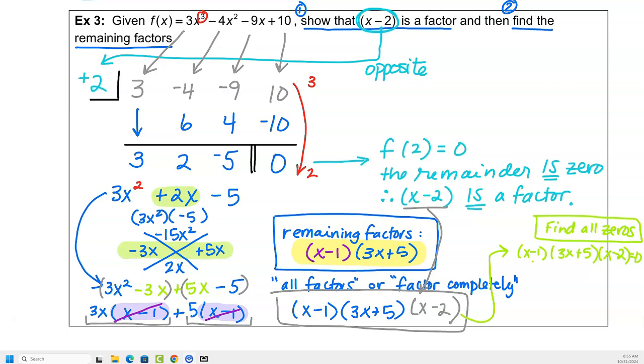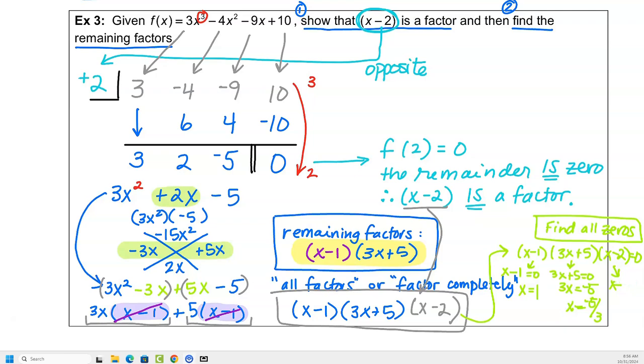So then you would have here x minus 1 equal to 0, so x is 1. Here you would have 3x plus 5 equal to 0. 3x is equal to negative 5. X is negative 5/3. And then here, x minus 2 equal to 0.